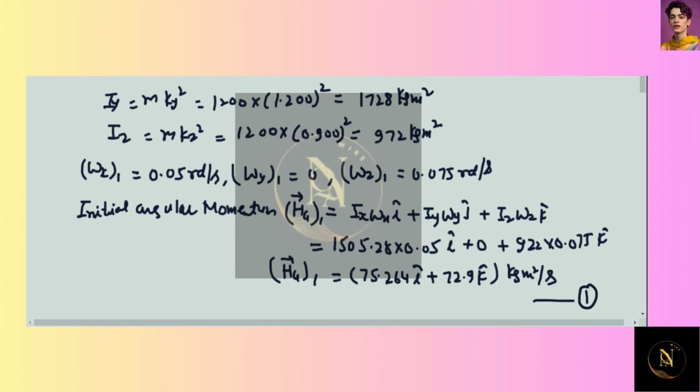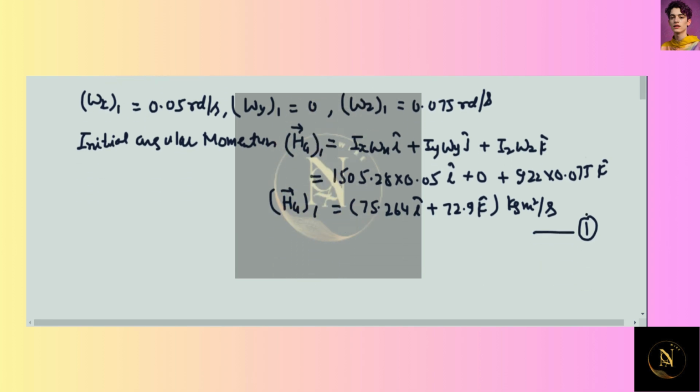The y component is 0. So this is equation 1. Final angular velocity omega 2 is 0, so the final angular momentum will be 0.